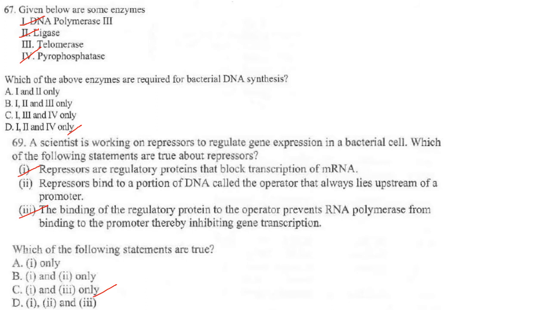A scientist is working on repressors to regulate gene expression in a bacterial cell. Which of the following statements are true about repressors? Repressors are regulatory proteins that block transcription of mRNA, as you can see in the case of lac mRNA. Then repressors bind to a portion of DNA called the operator that lies upstream of the promoter.